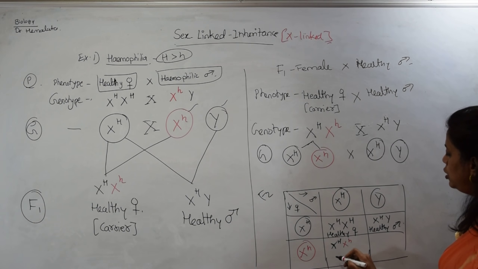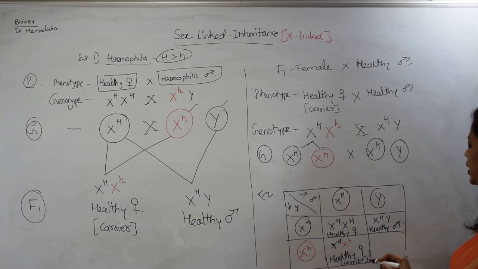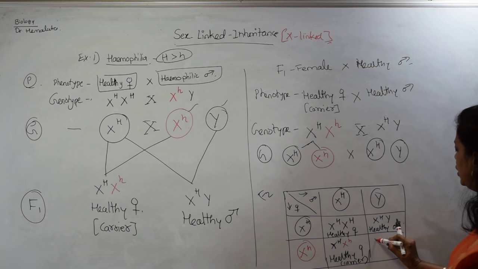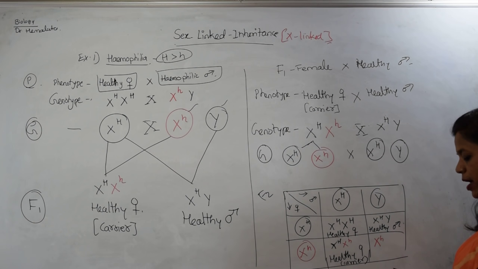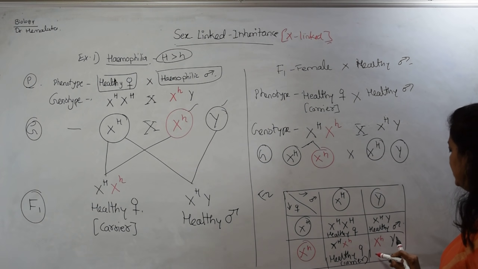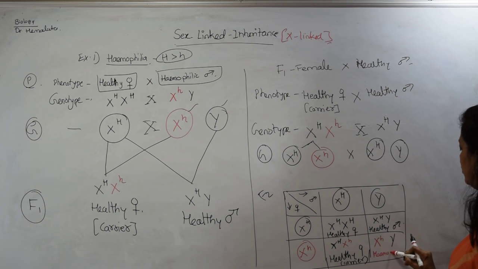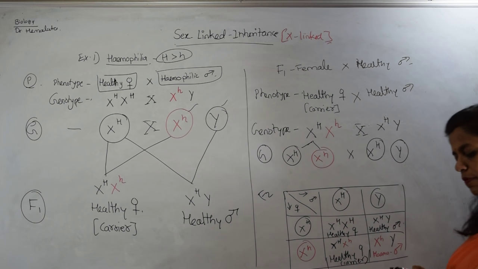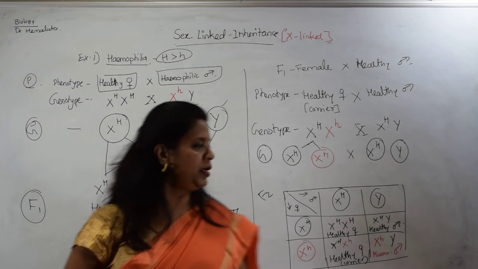What about this? She is also a healthy female, but she is a carrier genotypically. Last one is important. You have X small h and Y chromosome. He will be affected. This is the hemophilic male. Hemophilic male. Okay.